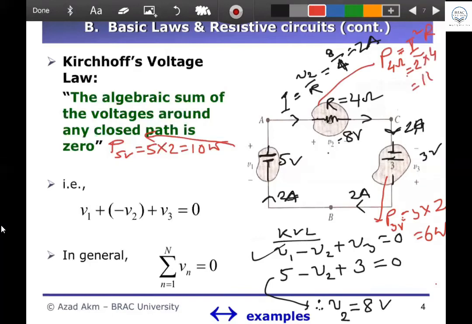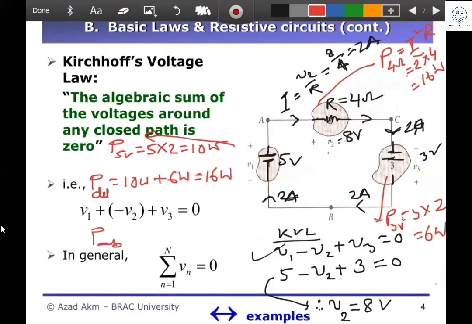16 watt. Now, for P delivery, how many batteries? 2 batteries. One is giving 10 watt, another giving 6 watt. What is the total value? 16 watt delivery.